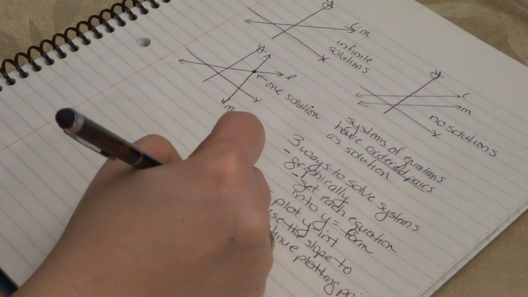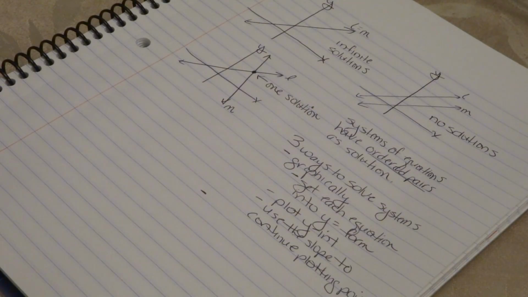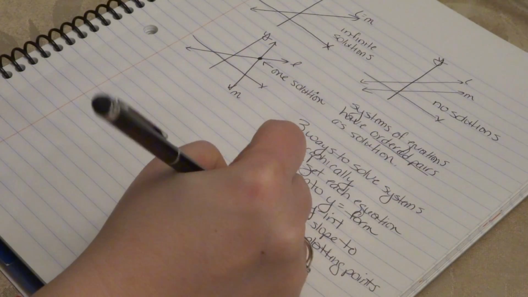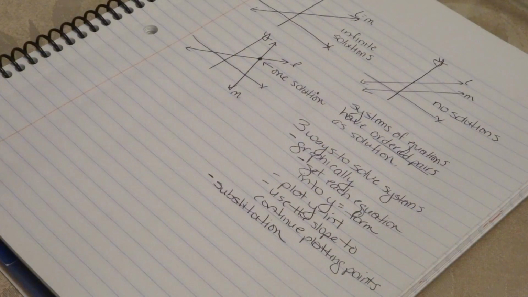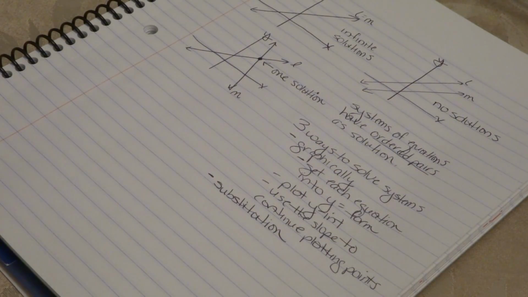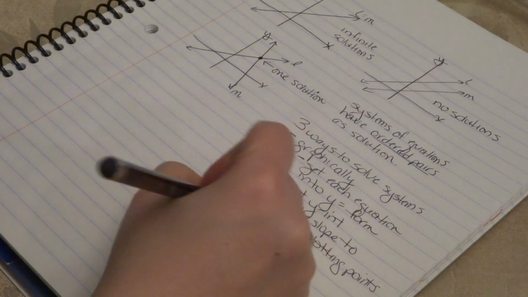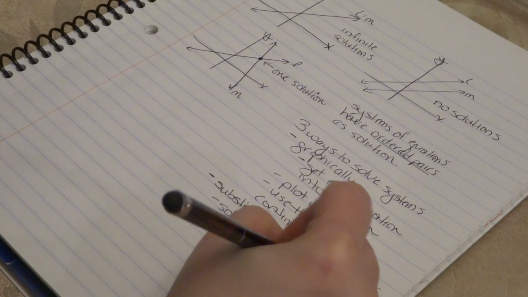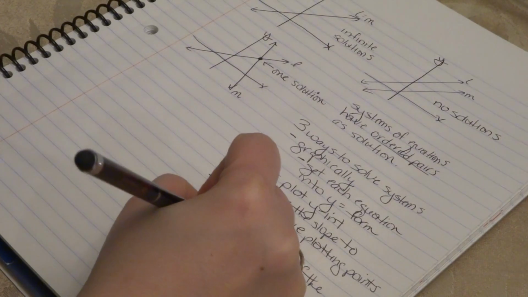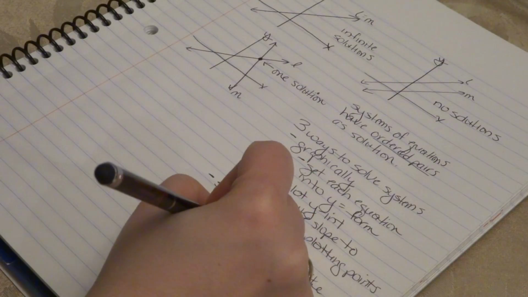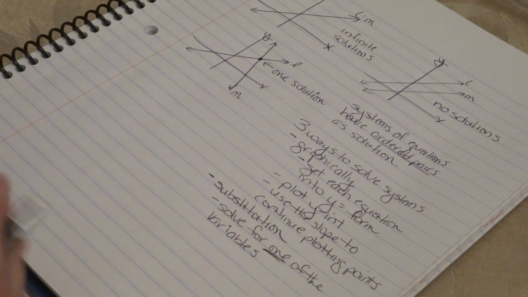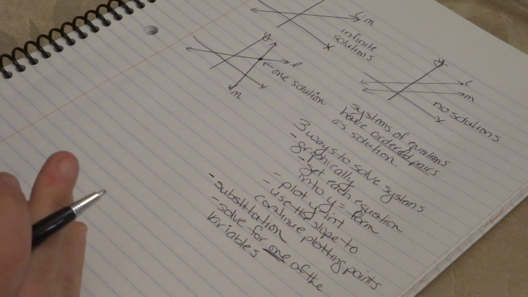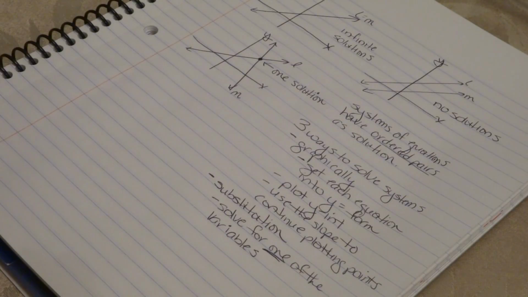The next way to do it is by substitution. Substitution means that you're going to solve for one of the variables. The way the book does it, they usually do y because everything is just going to be referenced to y, but you do not have to do it based on y.